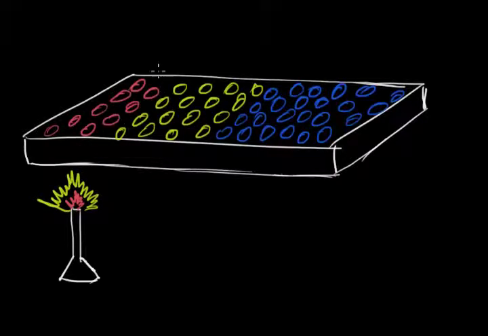The portion of the material just above the burner directly heats up and the temperature becomes high, and red indicates the higher temperature, yellow a moderate temperature, and blue indicates a cold temperature, that is the normal temperature of the solid bar.